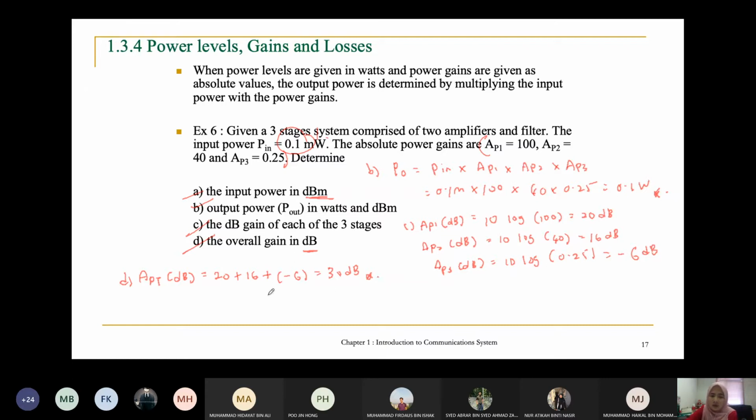So this one you can directly add the values, because in question C you already found each of the power gains in decibel.